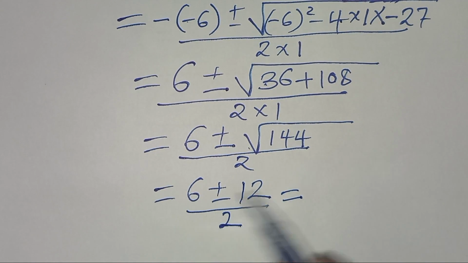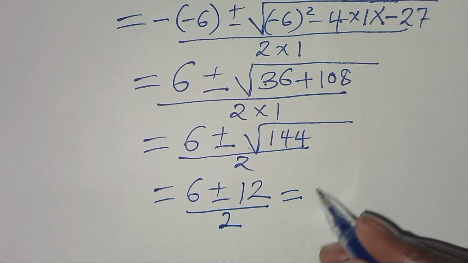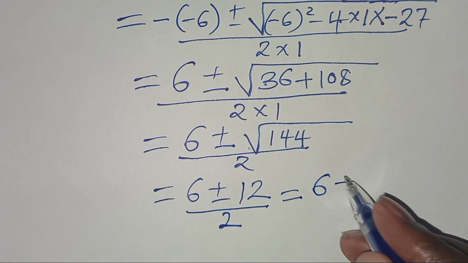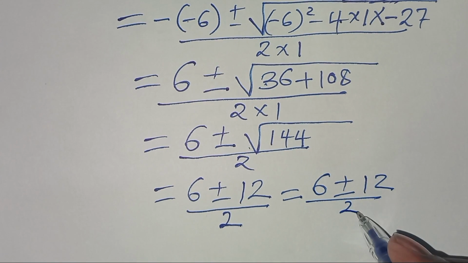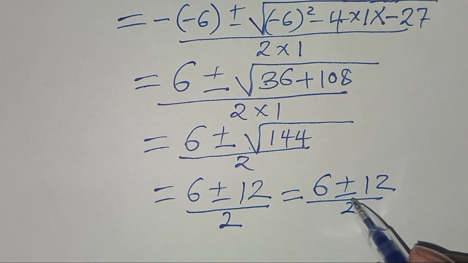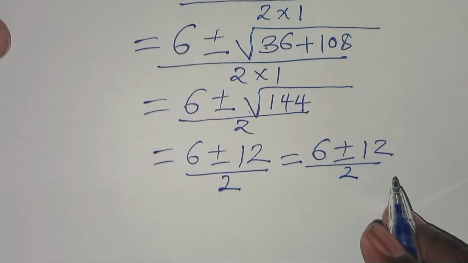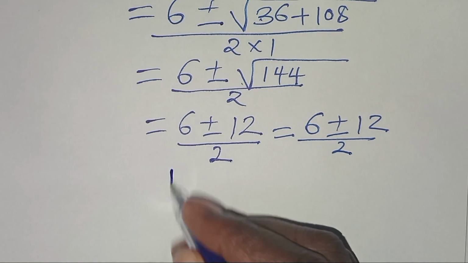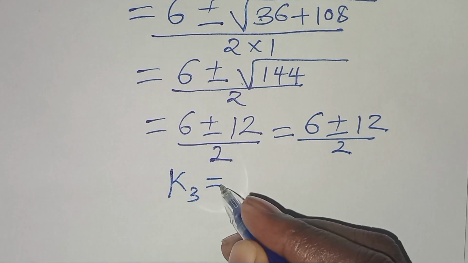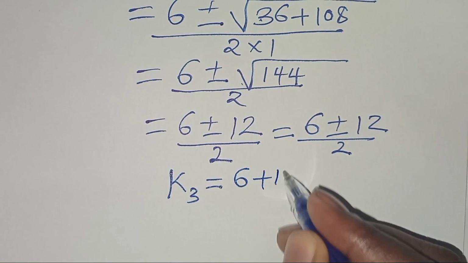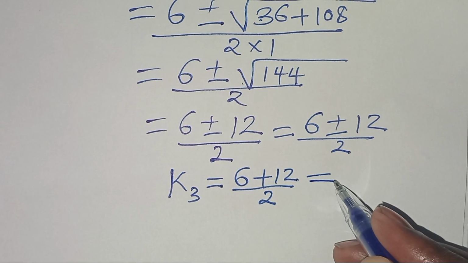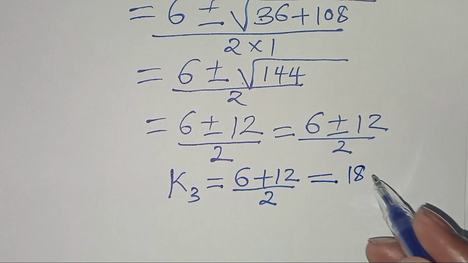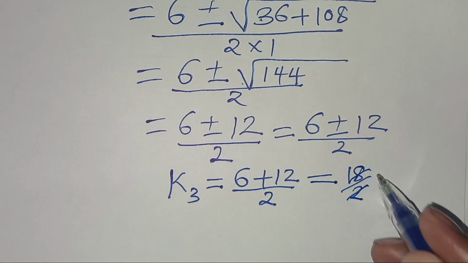Now this is 6 plus or minus 12 divided by 2. So that means we have k3 equal to 6 plus 12 divided by 2. And this is actually equal to 18 divided by 2. And this is equal to 9.